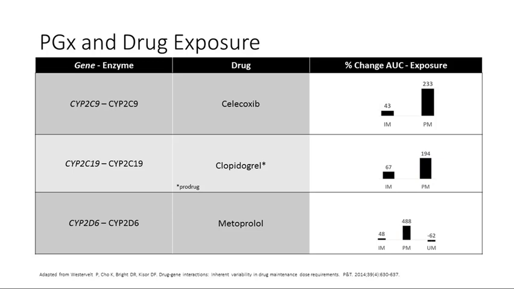Again, this is just the inherent difference in individuals that would explain, or at least in part explain, these changes in exposure. So it's no wonder when you look at this kind of data that we have different responses for different individuals. The middle row has CYP2C19, the gene and the product, and now clopidogrel, which is often an example in pharmacogenomics.